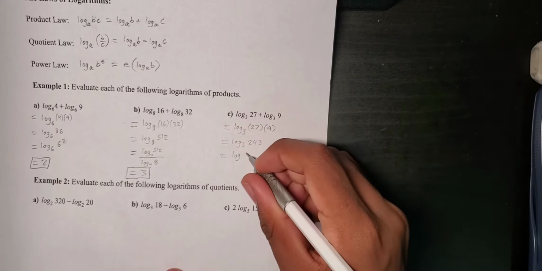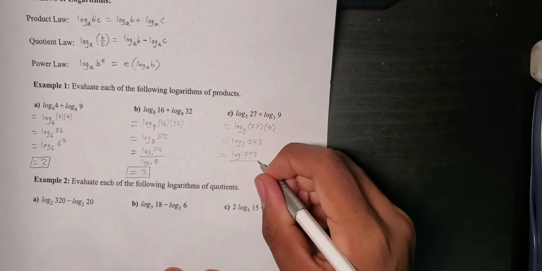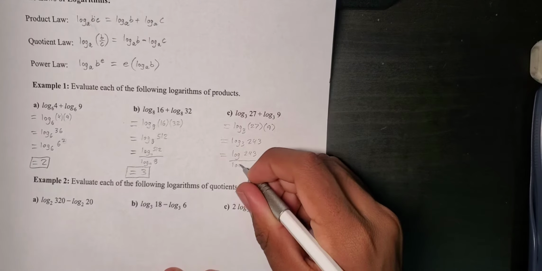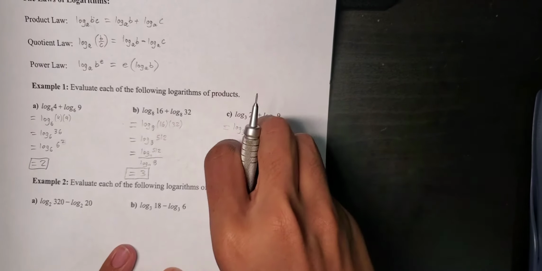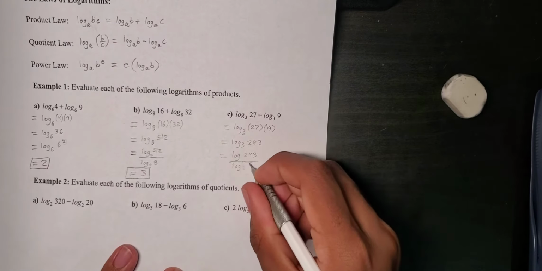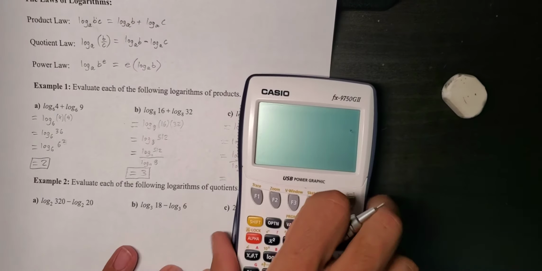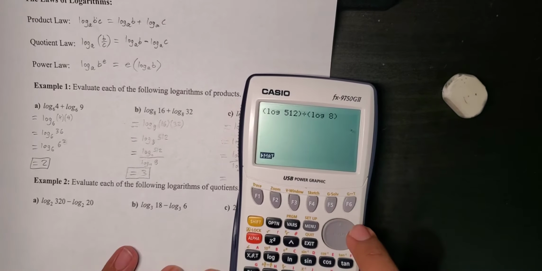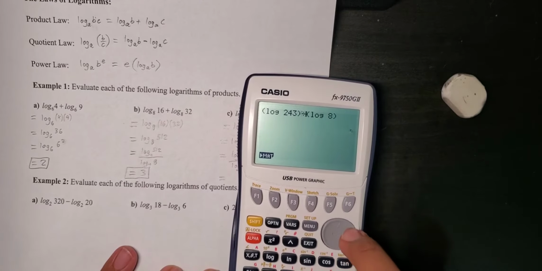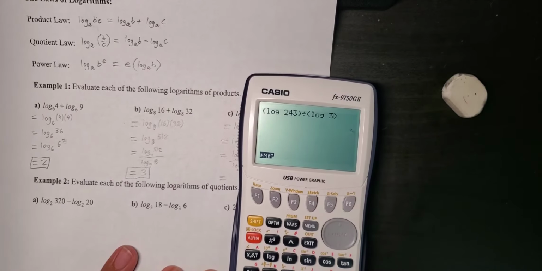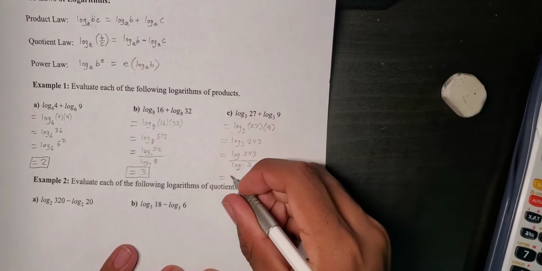The log of 243 divided by the log of 3. Do it on the calculator. It equals 5.